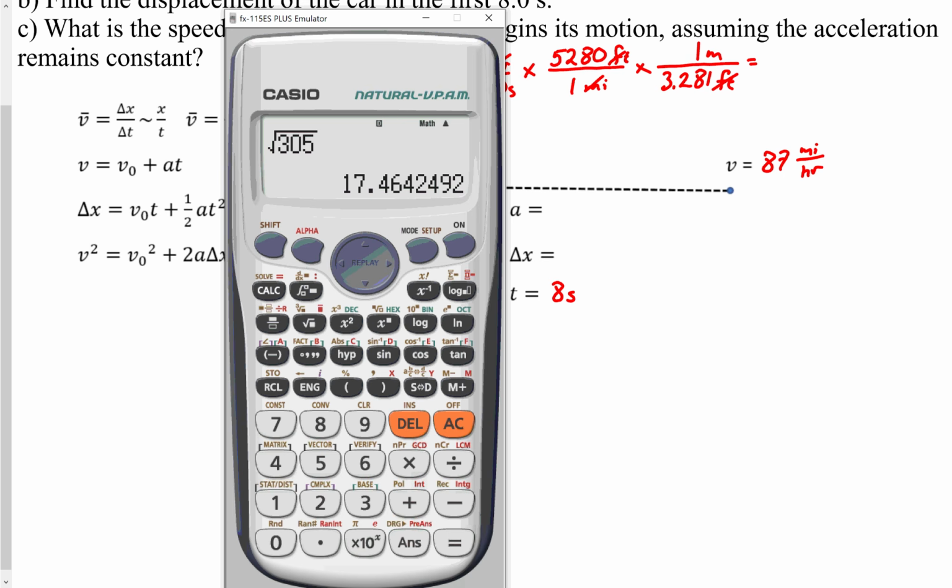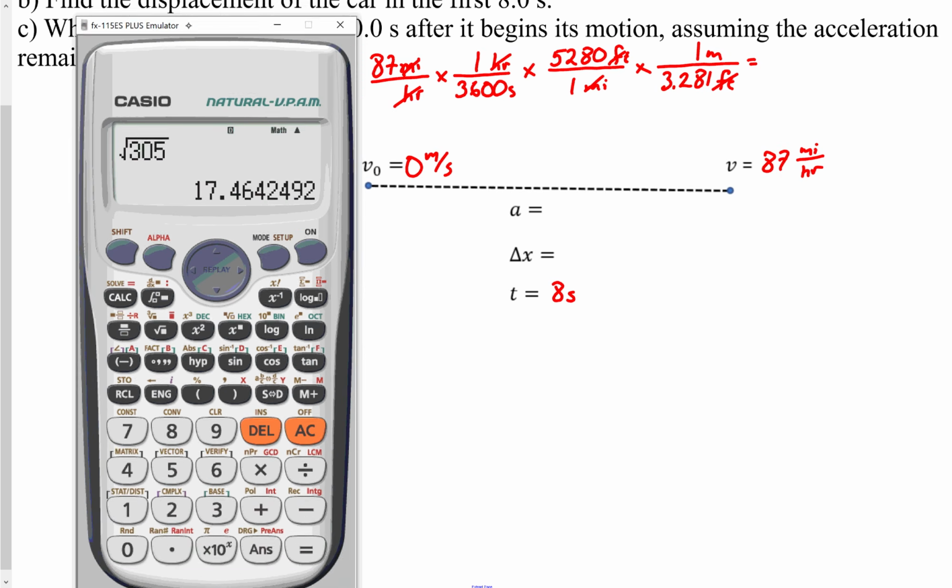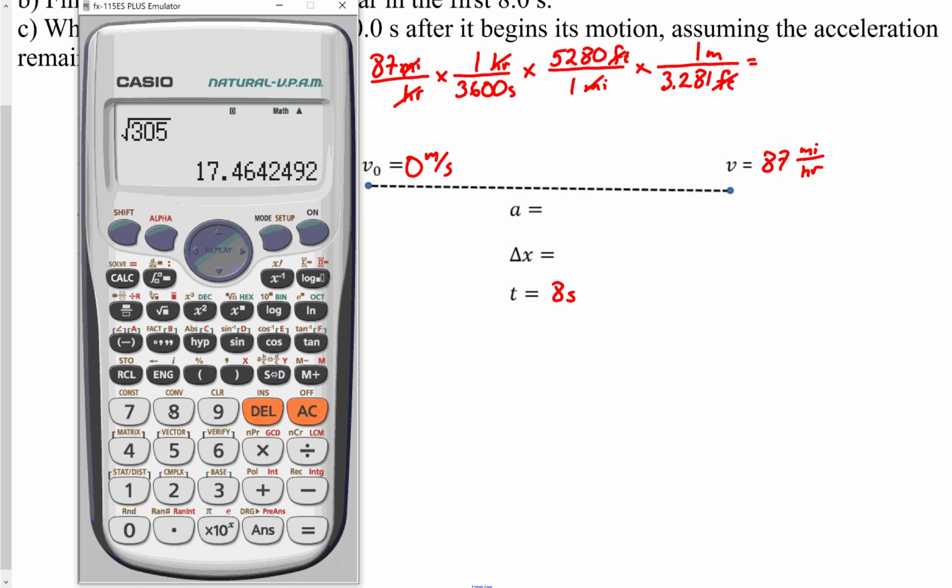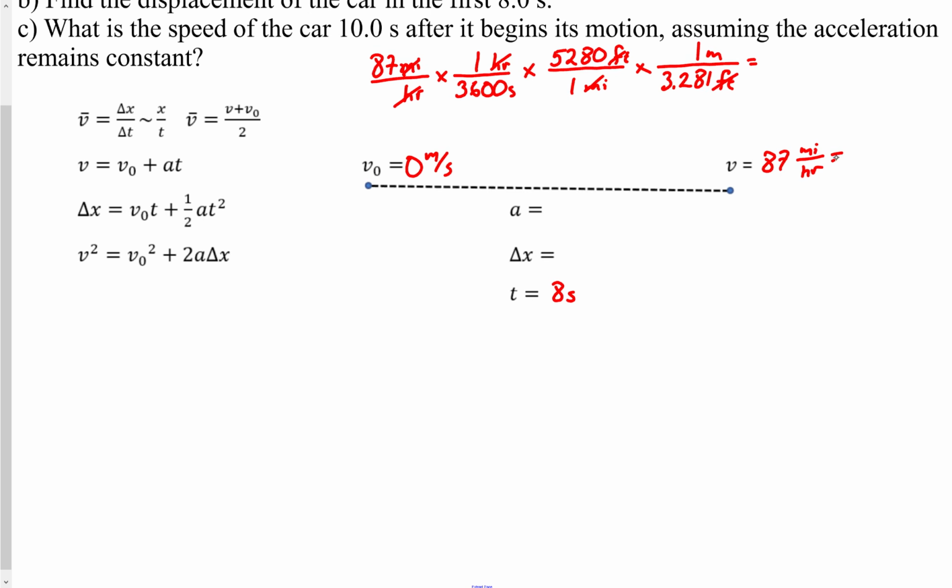Speaking of which, let's see if we can get this. So what would we have on the top? 87 times 5,280 divided by 3,600 times 3.281. And using my Casio, it makes that very handy. So it's 38.9 meters per second.